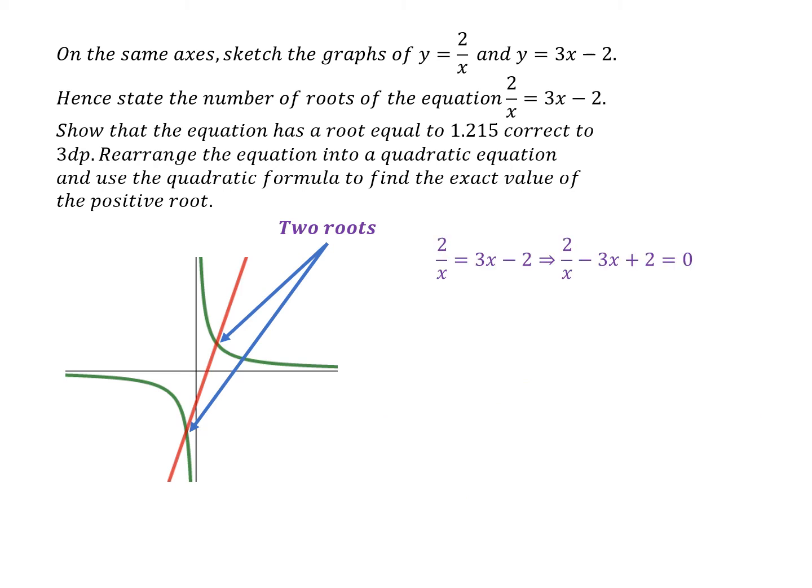But first, before doing that, I'm just going to take this equation and rearrange it so that it equals 0, because then I can use the technique of showing a change of sign.